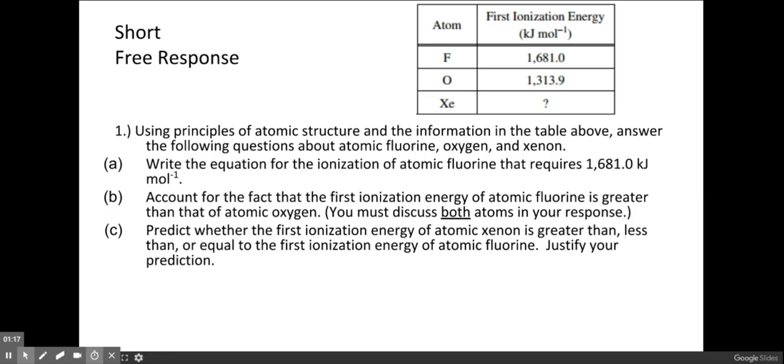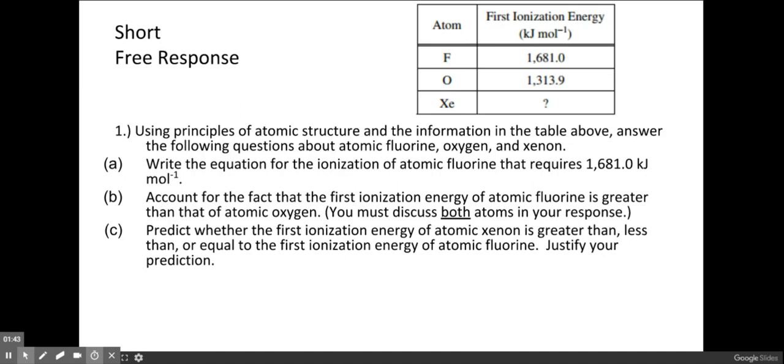So let me just talk about the stem of this question right here. Using principles of atomic structure. That means they want you to talk about effective nuclear charge, the charge of those particles, the plus nucleus, the minus electrons in the electron cloud, the attractive forces, Coulomb's law, looking at those Q terms. So you want to mention effective nuclear charge here.